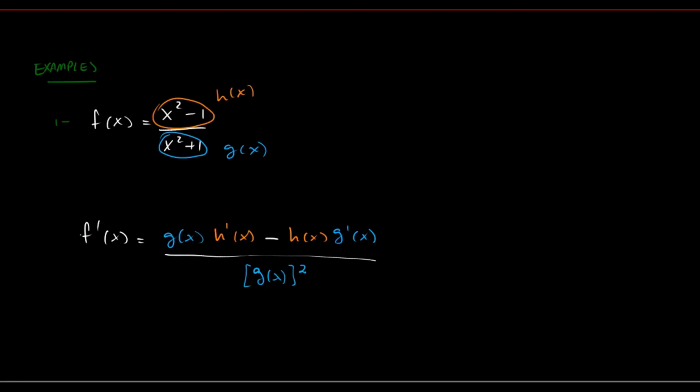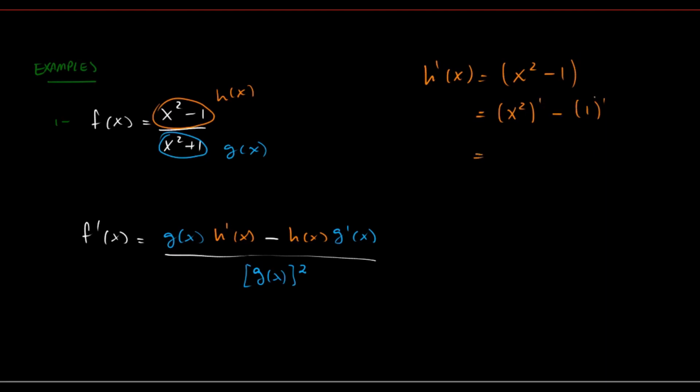So to find the derivative of f, we need to find these two derivatives, of h and of g. So let's first do that. The derivative of h is the derivative of x squared minus 1. Using the derivative of the sum, we get the derivative of x squared minus the derivative of 1.